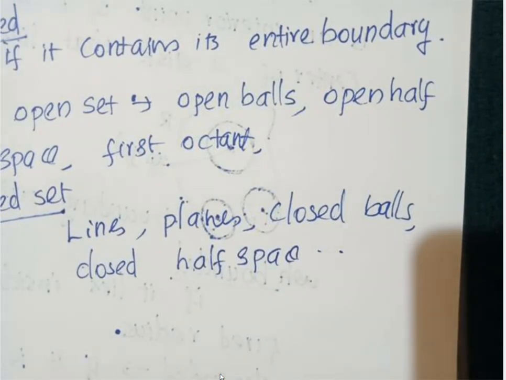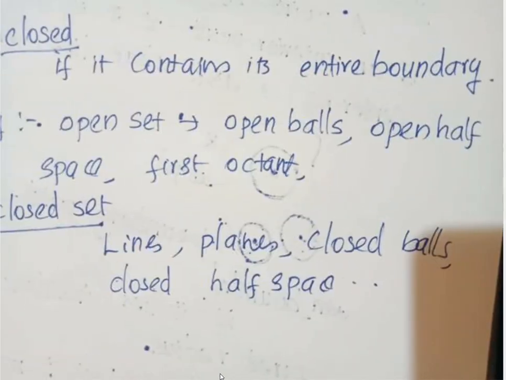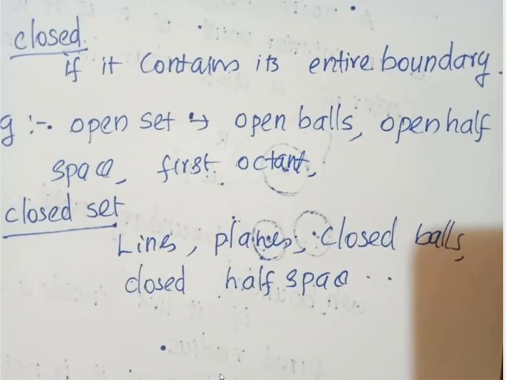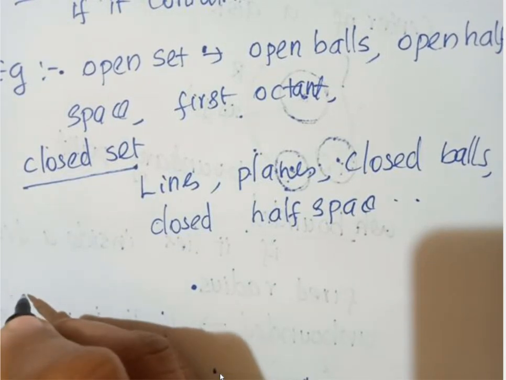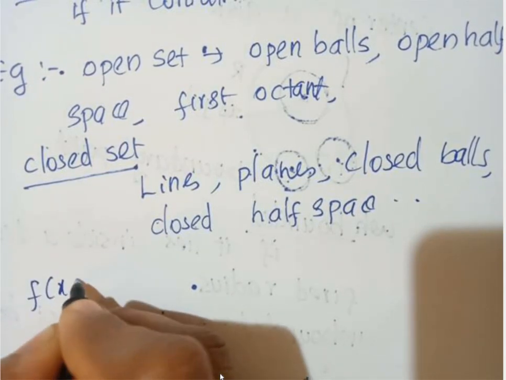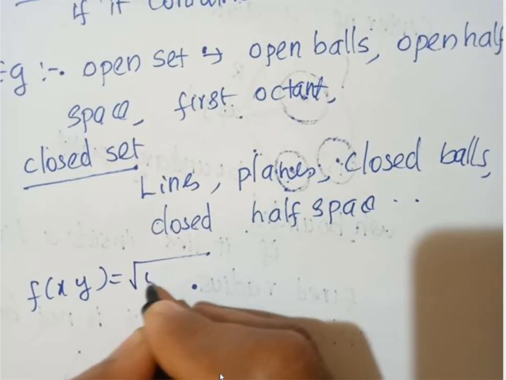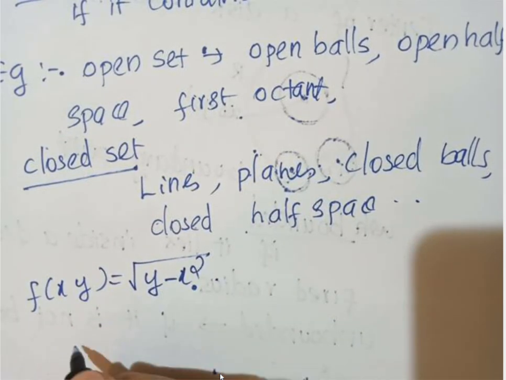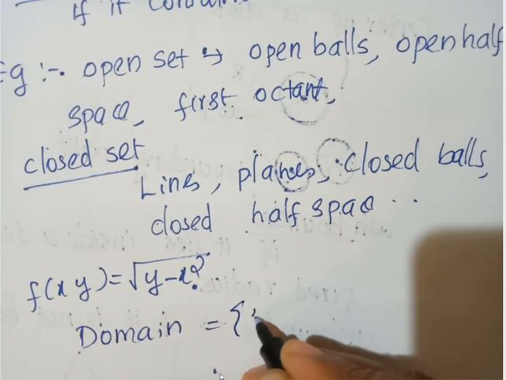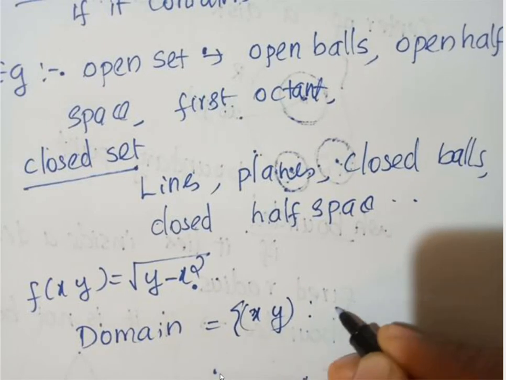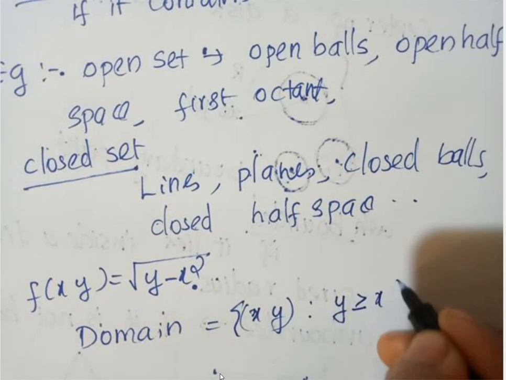A set which is neither closed nor open. Look at an example: f(x,y) equals the square root of y minus x squared. The domain is the set of all (x,y) such that y is greater than or equal to x squared.